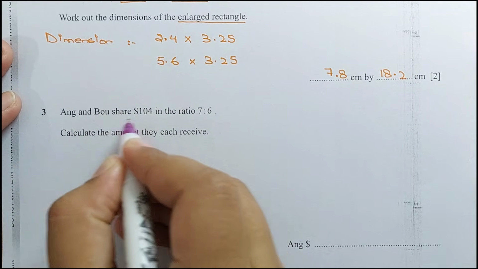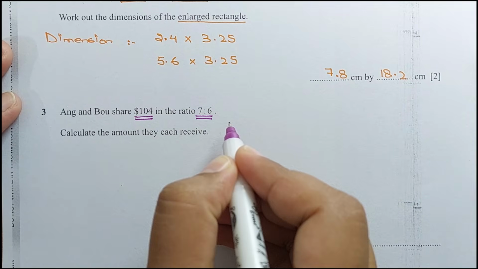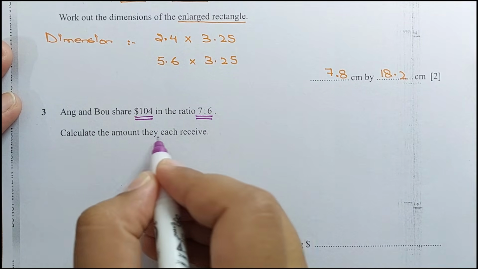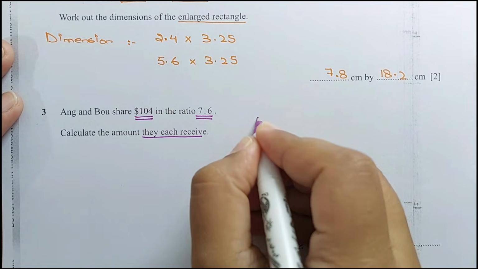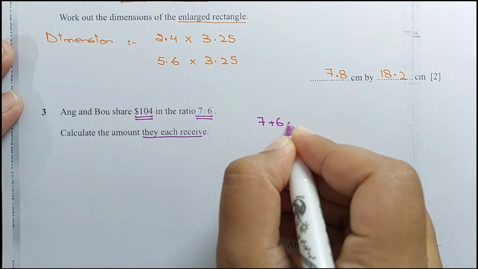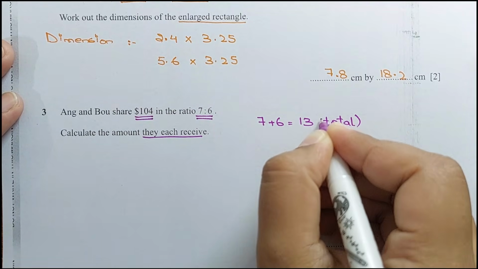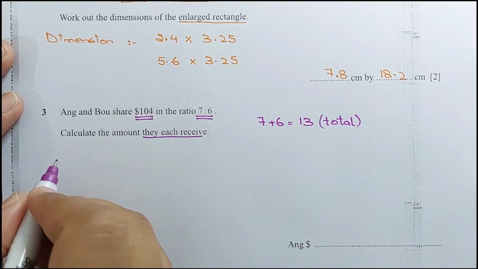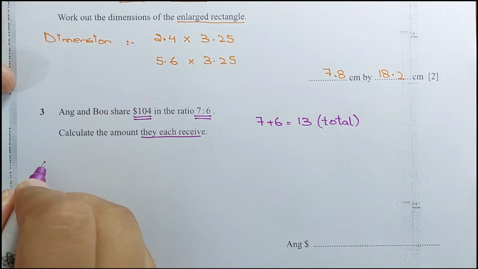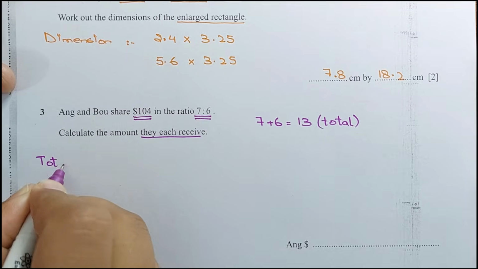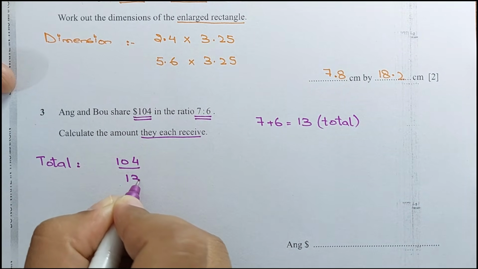Question number 3. Ang and Boo shared $104 in the ratio 5 : 7 : 6. Calculate the amount they each receive. Okay, 7 : 6, it means we have to do 7 plus 6. The total is 13. That is the total ratio. So we can say the total becomes 104 divided by 13.